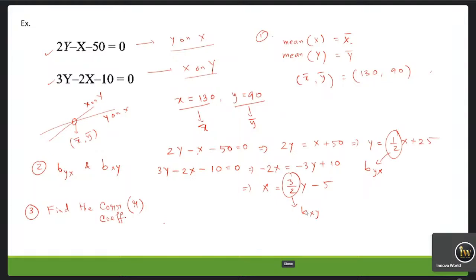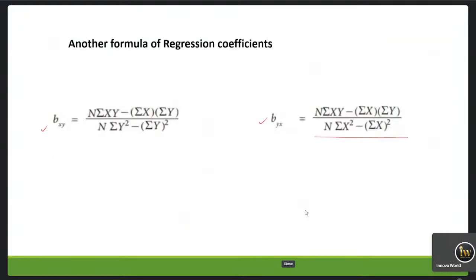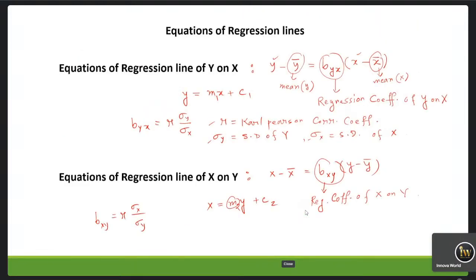The formula is given as r is equal to plus minus under root byx into bxy. These two values we can find from here only, byx and bxy. If you multiply byx into bxy, we can find r square.